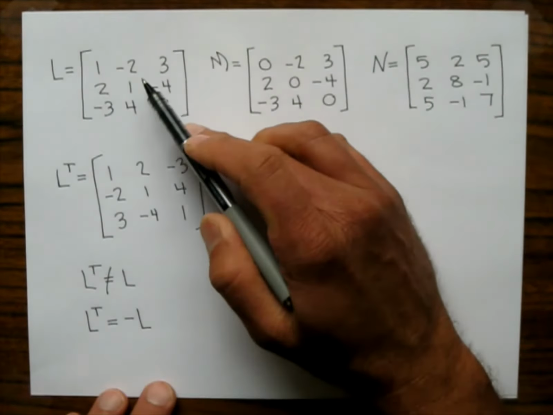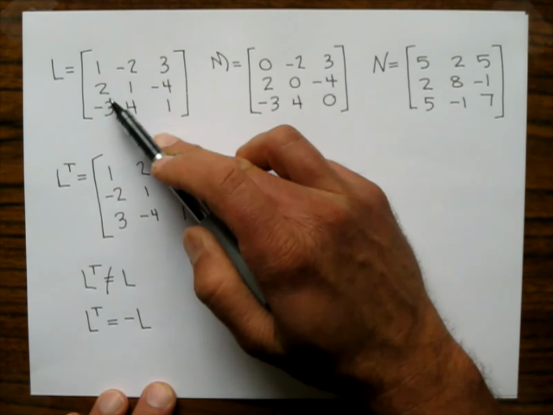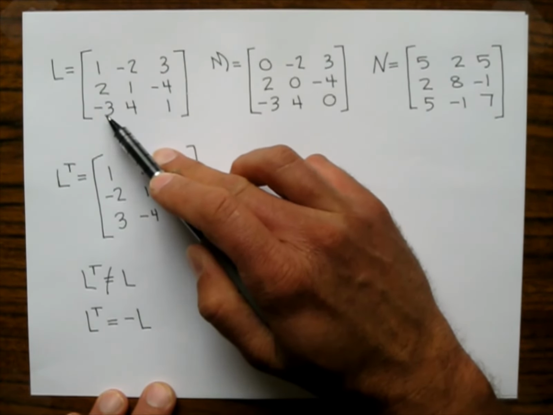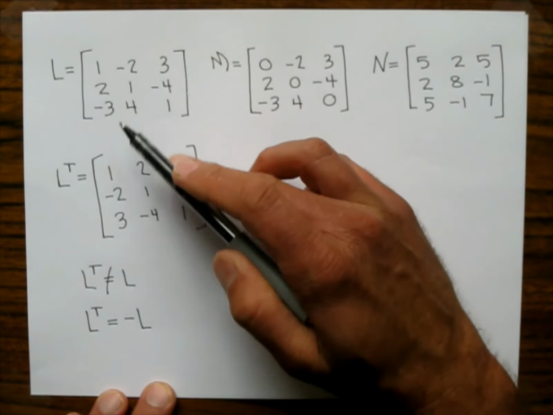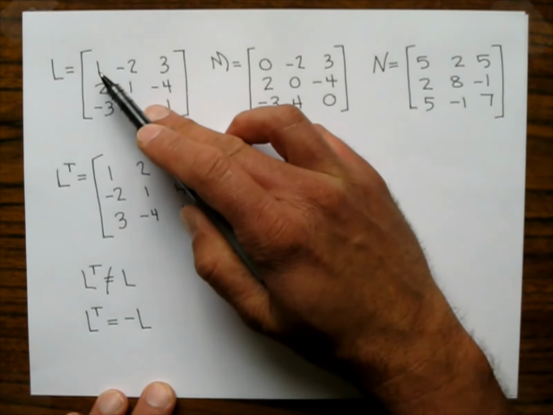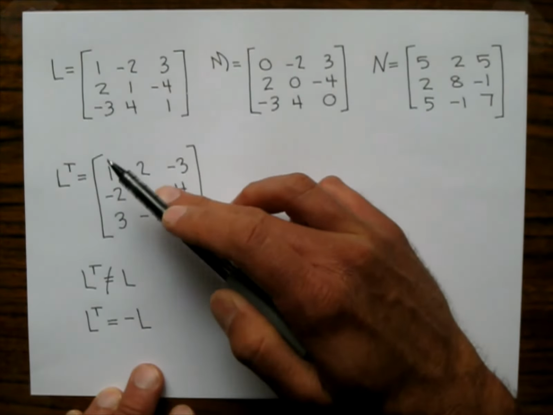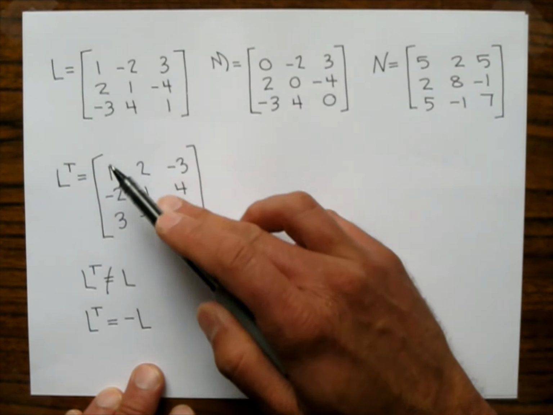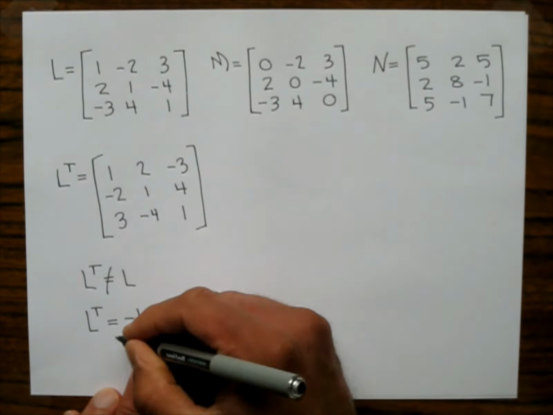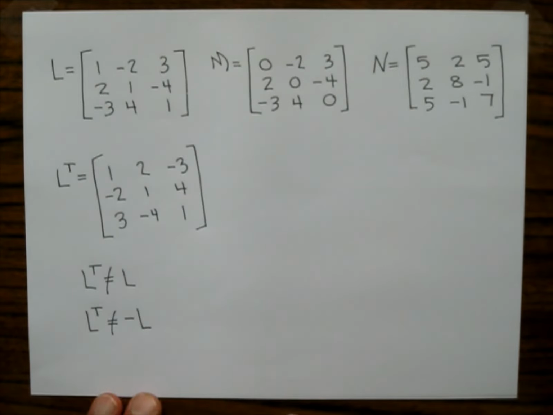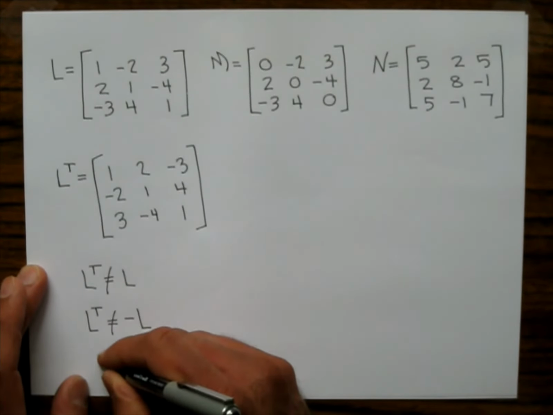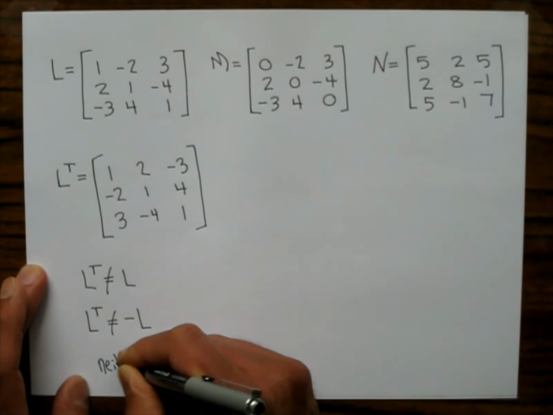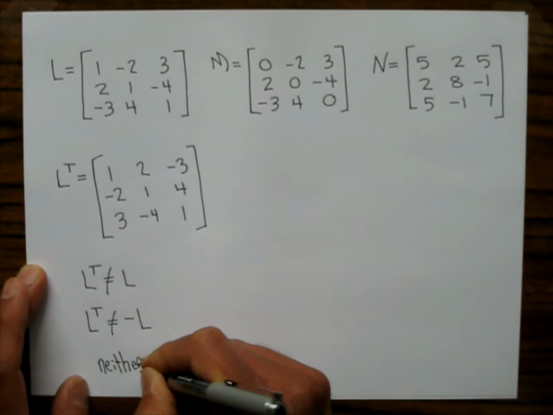Well, negative L, so we kind of define that. That's where you put negatives in front of each of these. So, of course, this is going to be a positive 3, a negative 2, etc. Are those the same? No, because there would be a negative 1 up there for negative L, but there would be a positive 1 there. So those are not the same. So it's not skew-symmetric, which means this one is neither.